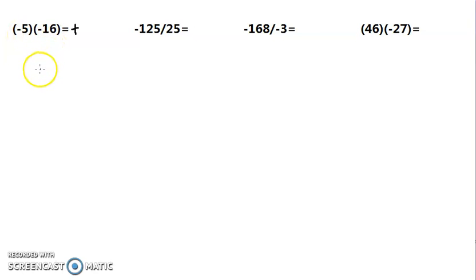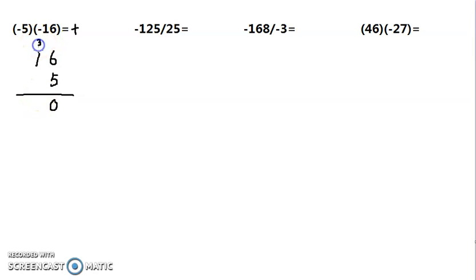5 times 16. If you can see the answer, you can go ahead and write it down. If you can't, you would have to multiply them out vertically. So we do 16 times 5. We do 5 times 6, and we get 30 from the multiplication table, and we have a 3 up there.